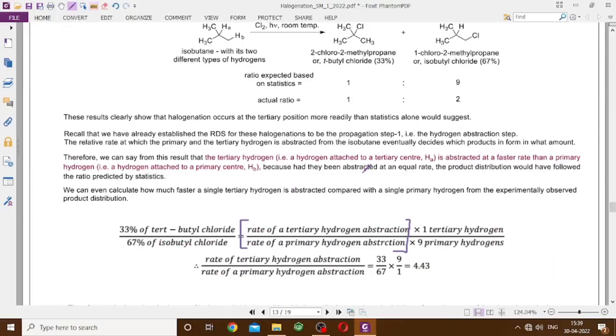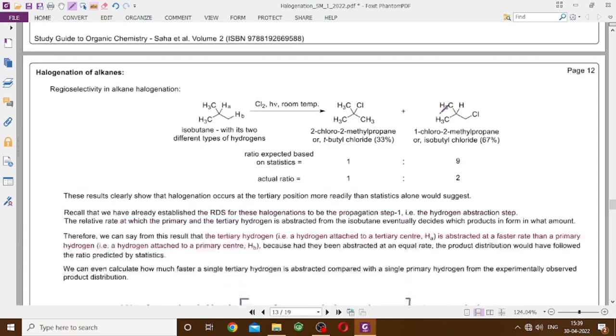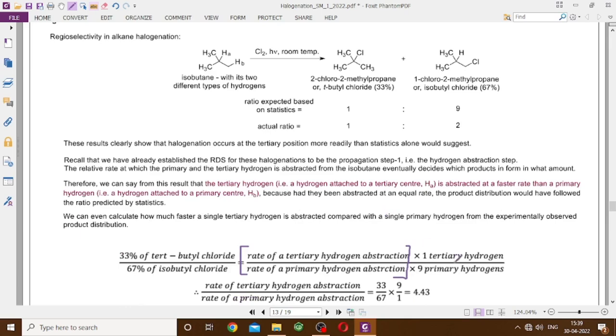So our tertiary hydrogen is getting replaced, compared to a primary, by an incoming halide radical in chlorination. This is right for chlorination because we are using the 33:67 ratio. This will drastically change if I take it for bromination, as you will see, because in that case the isobutyl chloride is less than 1% and this is more than 99%. So you can imagine what will happen to this number.